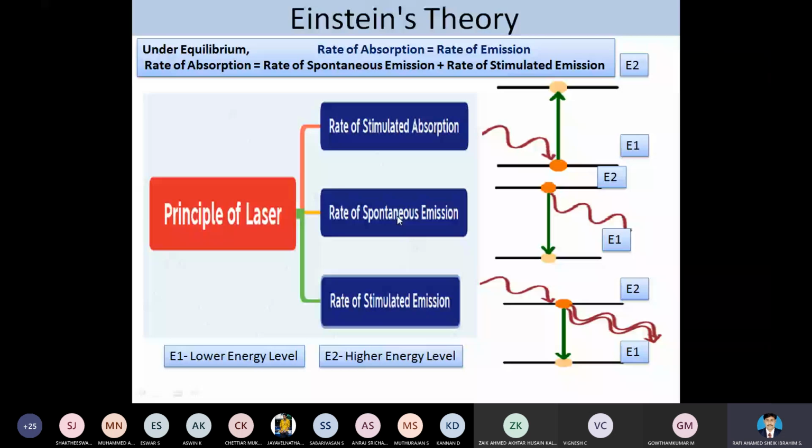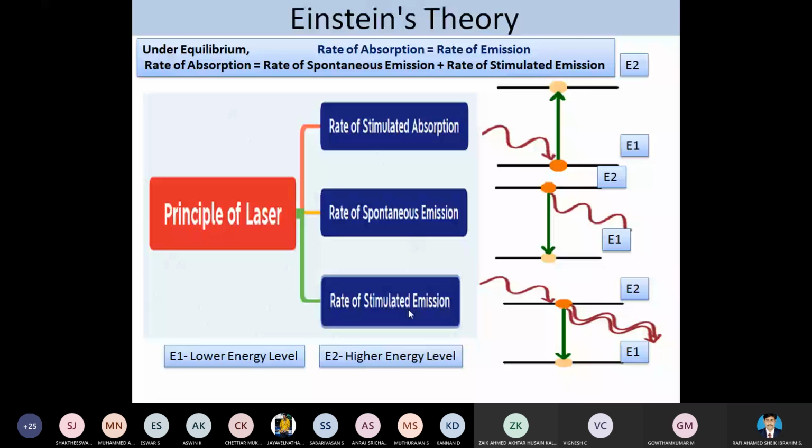Spontaneous emission is the emission of radiation without any additional triggering. Stimulated emission is the emission of radiation with some inducement.